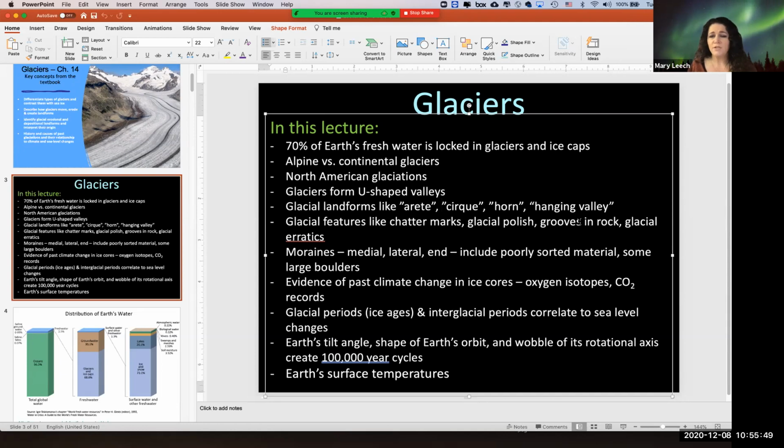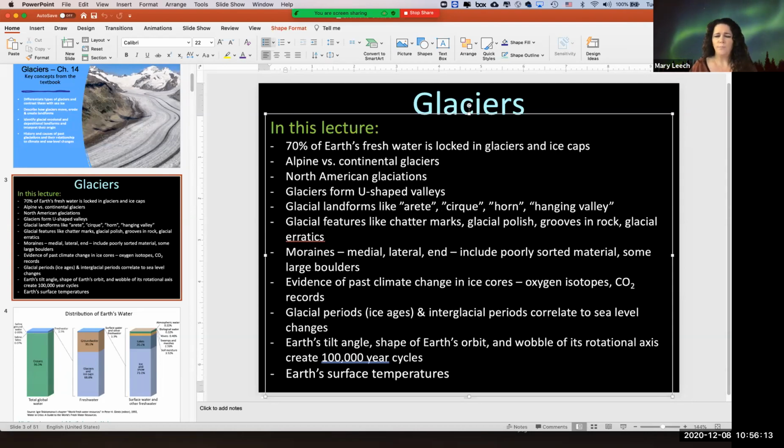Chatter marks, glacial polish, the grooves that you find in rock. Glacial erratics are things that form as a result of erosion by the glacial ice. Moraines, the medial are the middle ones, the lateral are on the sides, and the end moraines of a glacier.